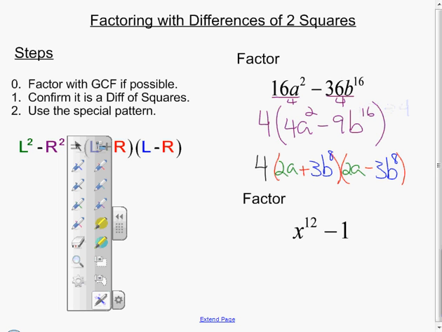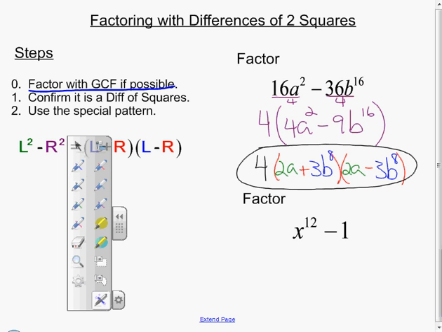You square root a variable expression by cutting the exponent in half. Okay? So if I distributed the 4 back out and FOILed out the rest of the problem, I would get the original. So moving on to this next problem, x to the 12th minus 1.